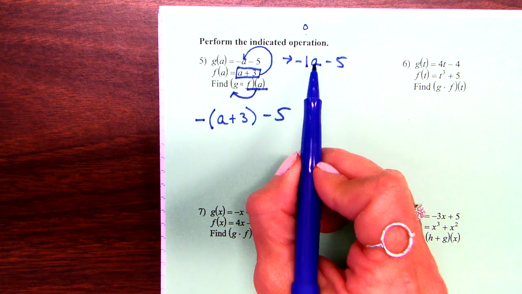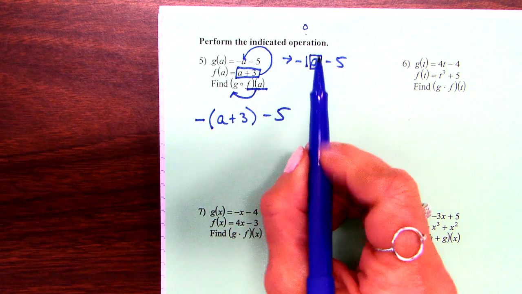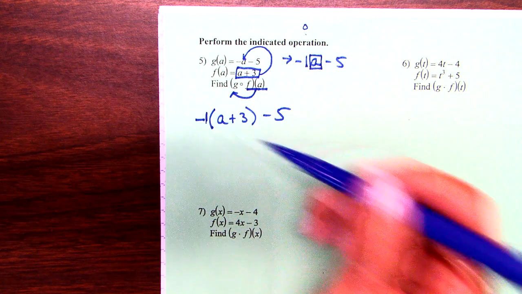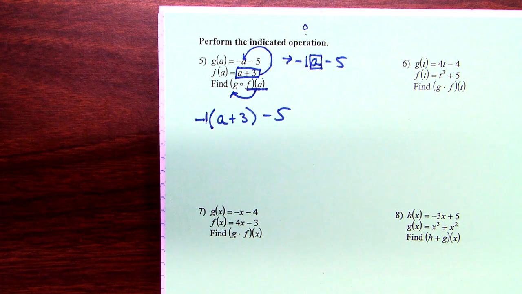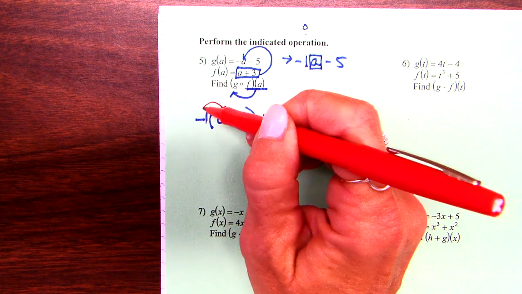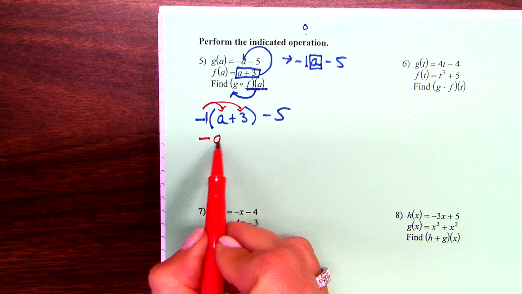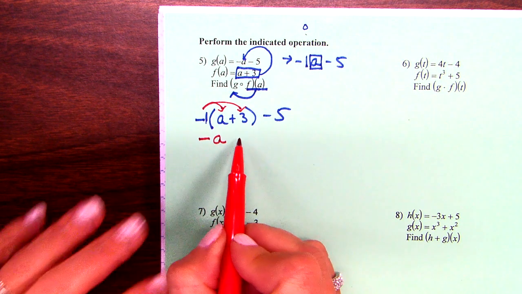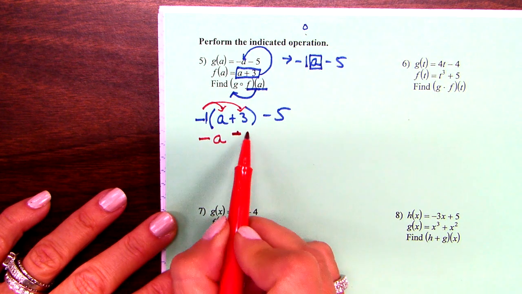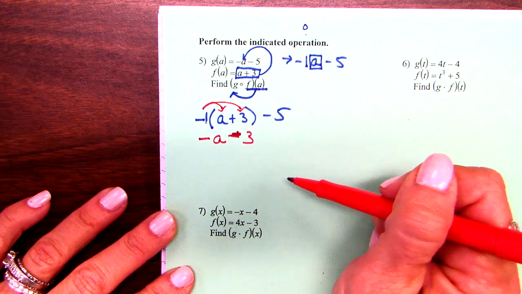So when you see it like that, it's easier to see, all right, I'm just taking the A out, the negative 1 is out in front. And I just distribute. So negative 1 times A is negative A or negative 1A, minus, almost wrote a plus sign there, negative 1 times 3 is negative 3.